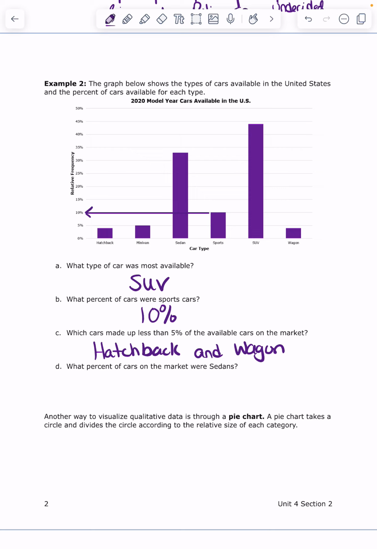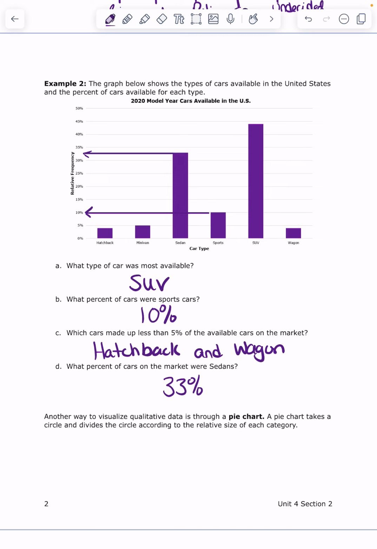So we don't want to include minivan in our answers. What percent of cars on the market were sedans? So we're going to go up to a sedan and then follow the top of that rectangle over to the percentages, and it looks like it's about 33%. So sometimes you just have to guesstimate if it's between two values.